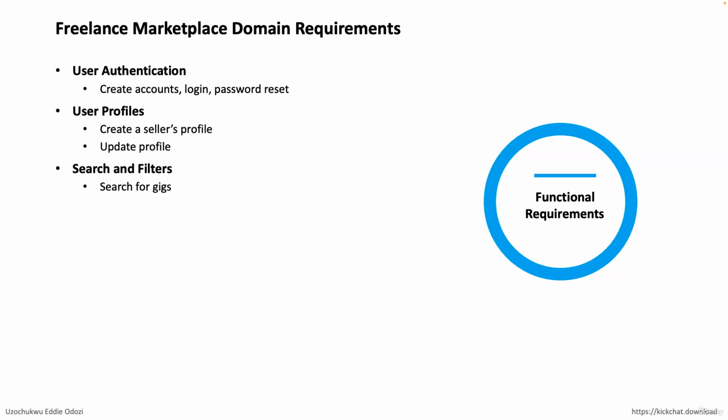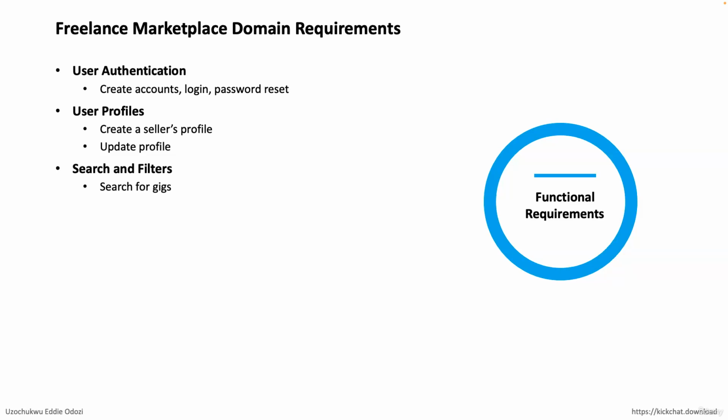Search and filters is another functional requirement. So buyers should be able to search for gigs. Okay, they should be able to also search by name for sellers or by username. Now, like I said earlier, we are not going to implement every feature that is expected of a freelance marketplace. One such feature we're not going to implement is allowing the buyers to post a job or post a gig.